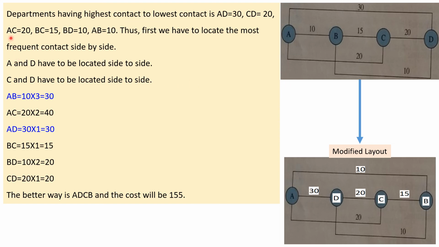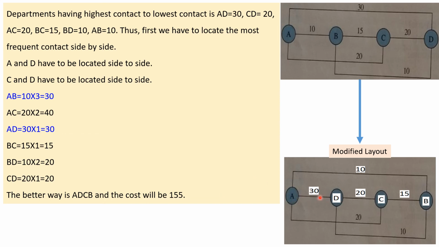And if possible, we continue like this. For example, if possible, we locate A and C also side to side. So I just put A and D together.